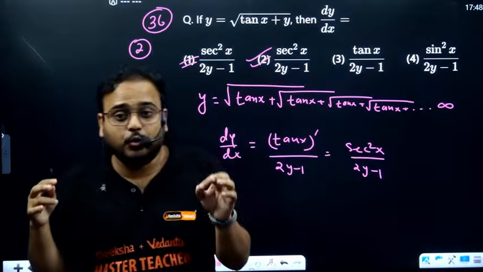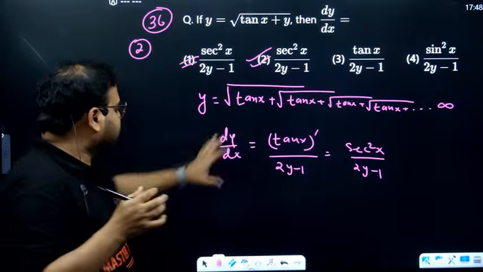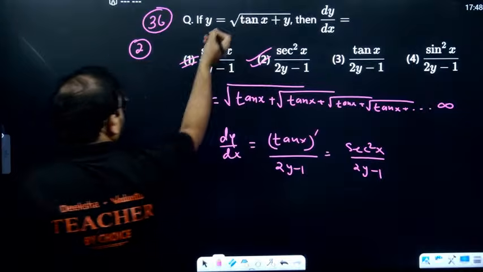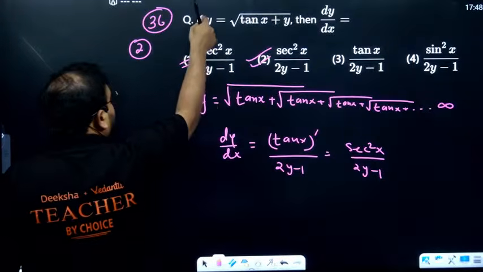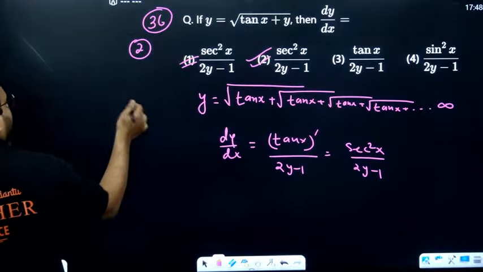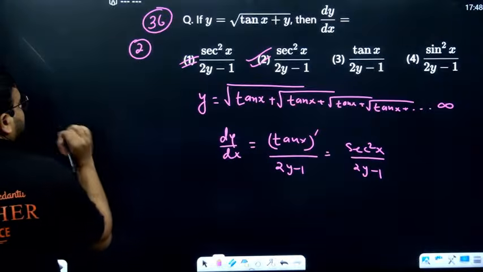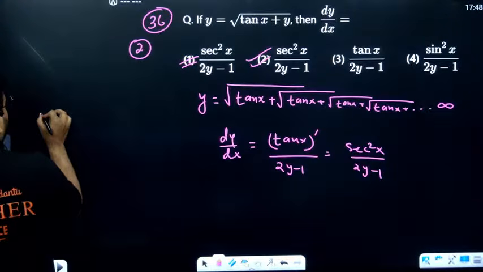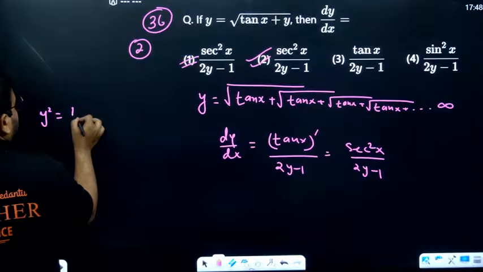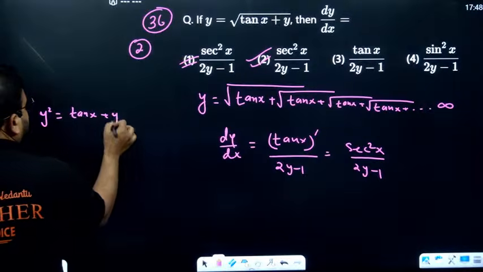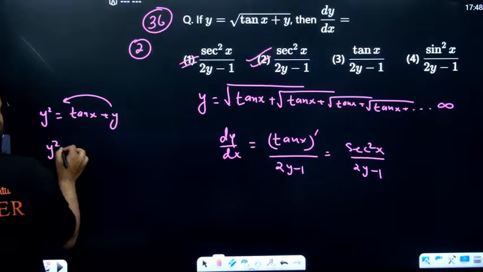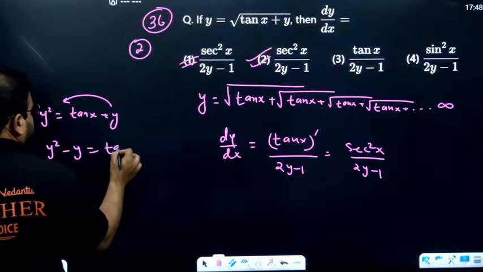Yes, Deepak, you can do it that way as well, beta. The formula that you see over here comes from that method only. You square it up. So if you go with this method, you'll have y square equals tan x plus y. Bring y to this side: y square minus y equals tan x.